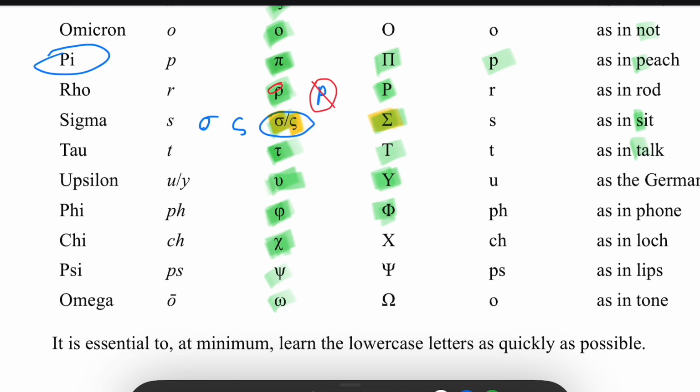And then there's this letter, which is very important, psi. And you'll notice that the third edition, as of this video, of Greek for the Rest of Us accidentally excluded this letter.